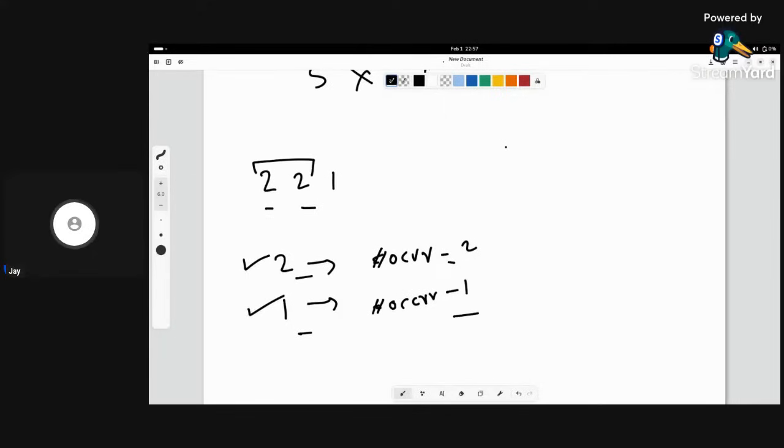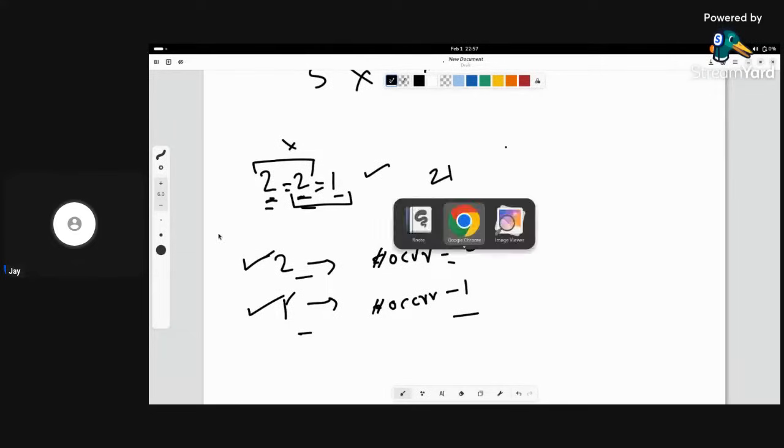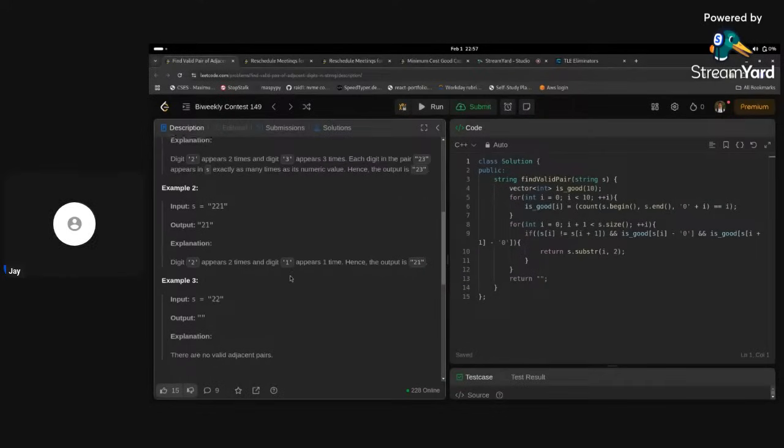Look at the first pair. What are its two members? 2 and 2, but 2 is equal to 2, and according to the problem we want both of these to be different, so this can't be the case. Then look at the second pair, 2 and 1. 2 is valid, 1 is valid, and both of these are different, so it's a good pair. The first pair we have found is 2 1.